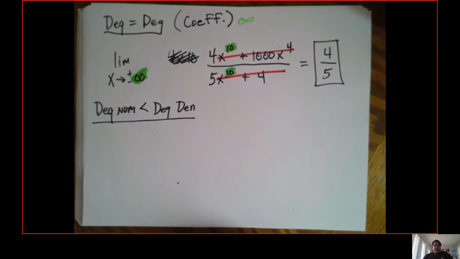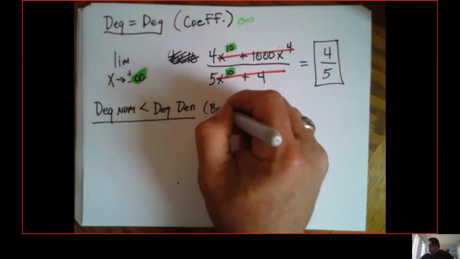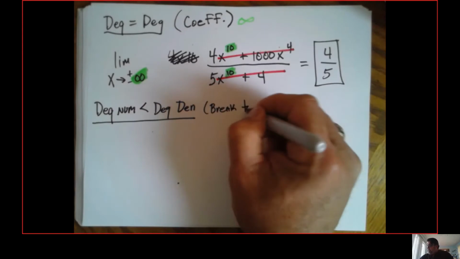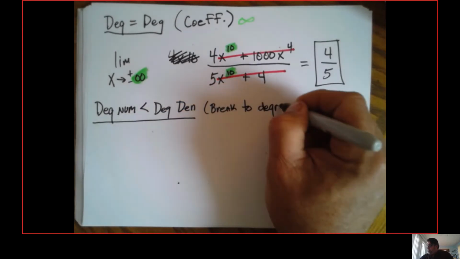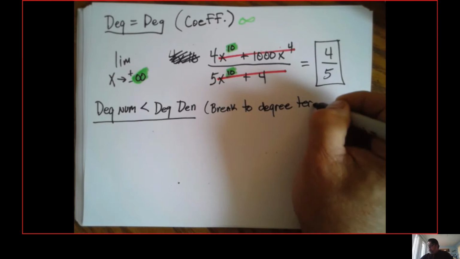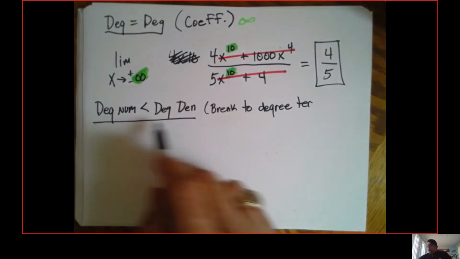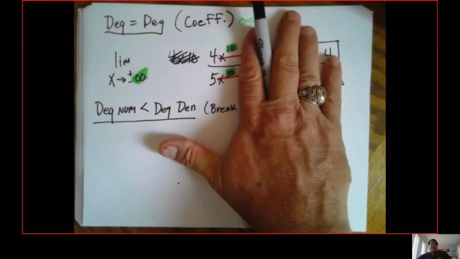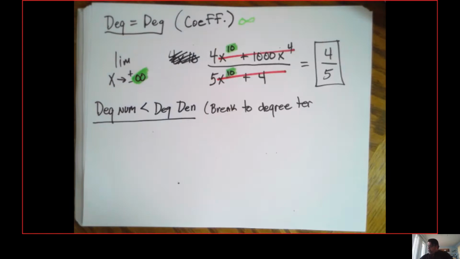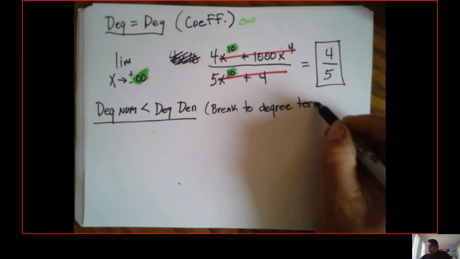Well, this is where you break it down to just the degree terms. You're not worried, kind of like we broke this down to just the coefficients. If this happens, then we're just going to break it down to 4x to the 10th over 5x to the, let's see, the numerator is less, that'd be 5x to the 15th. You just break it down to that. Break it down to the degree terms.